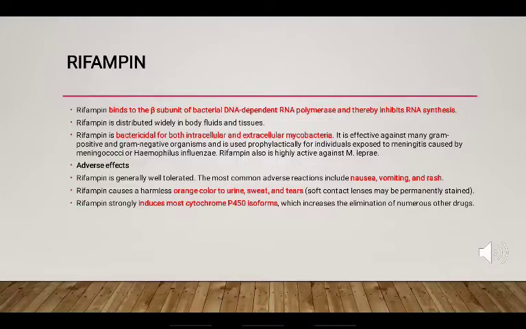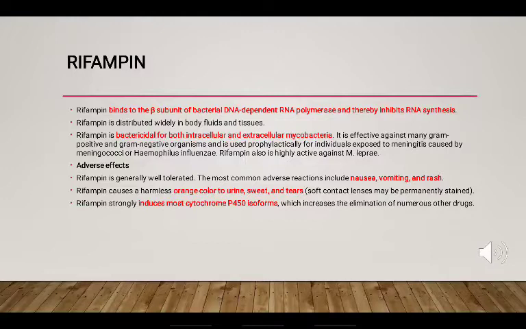Again, the good thing about rifampicin is that it's distributed widely in body fluids and tissues, so we can access any type of tissue and any organ. So whether you have TB of the bladder, TB of the lungs, TB of the meninges, TB of the bone, you can use rifampicin.